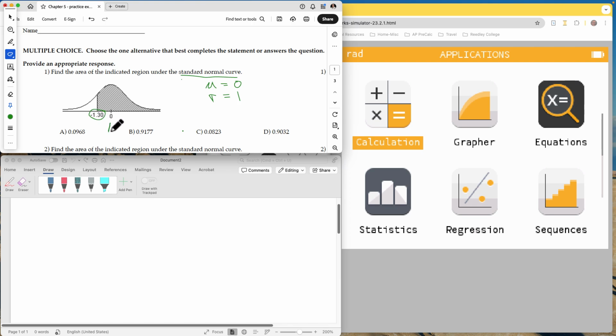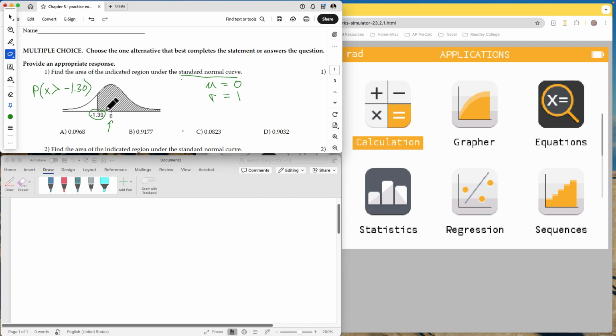You can see the mean right there is 0, and they want the area above this marker. So this is the probability that z is greater than negative 1.30.